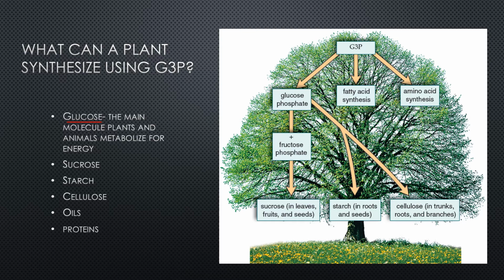So the Calvin cycle is an extremely important cycle for all kinds of things throughout the plant. So when you think photosynthesis, we tend to think we make sugar and we make oxygen and we're done. And that is true, but it's a base reaction that has a domino effect throughout the plant, and not only for the plant, but for those of us who are consumers or heterotrophs of all of our producers.